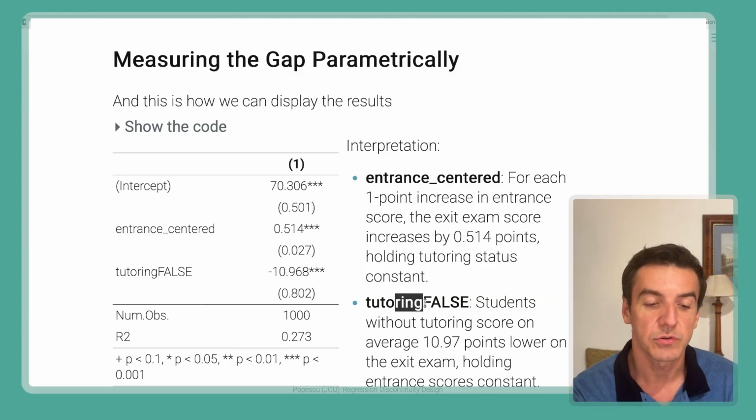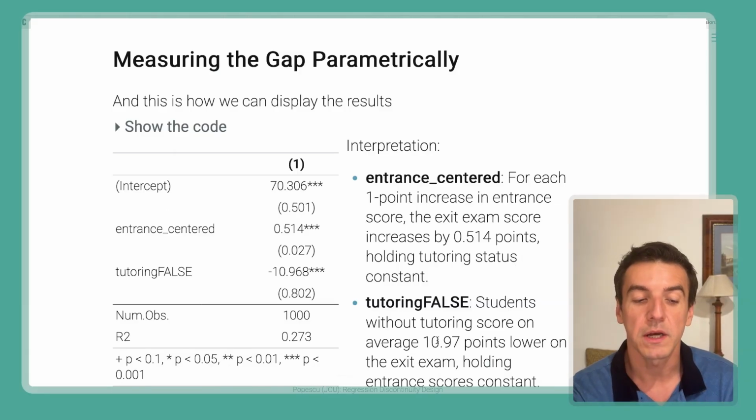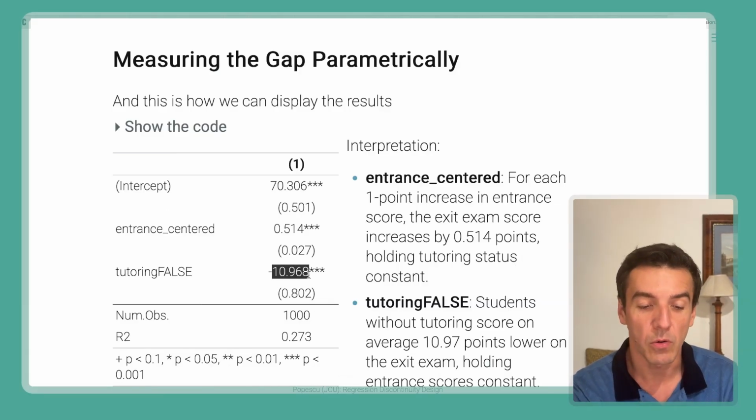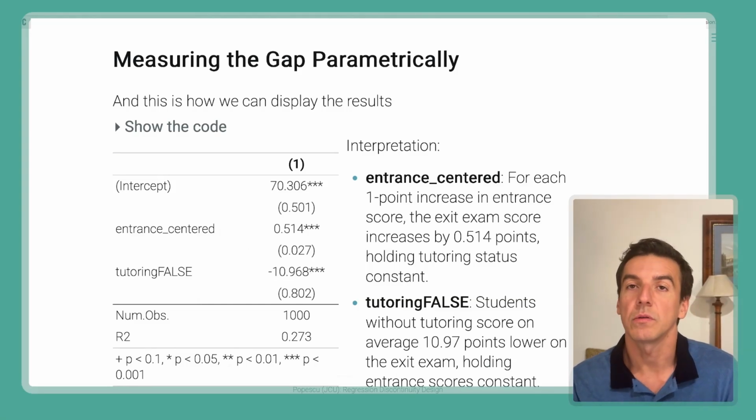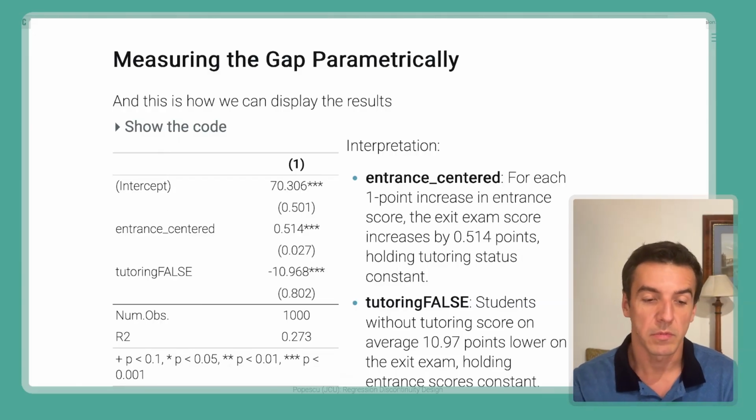Similarly, for the tutoring status, we say that students without tutoring score, on average, 10.97 points lower on the exit exam, holding the entrance score constant. So essentially, we're learning that the tutoring program, in fact, works.